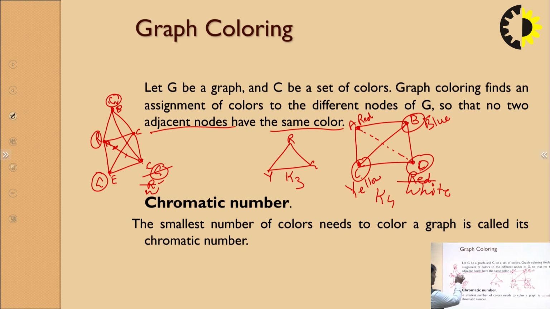Now this vertex C is adjacent to D, adjacent to E, adjacent to B, and adjacent to A. This vertex is connected to all remaining vertices, then these colors we cannot put here. We assign a new color to this vertex.